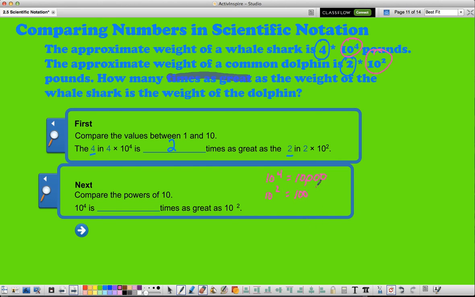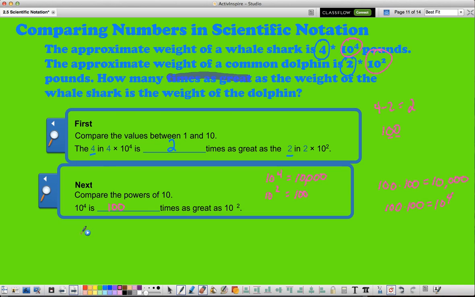This is actually 100 times bigger, because it would take 100 times 100 to get you to 10,000. So you can't just look at the exponents, you have to look at what they actually mean. Another way to look at it is that 4 minus 2 is 2, so then your number has to have 2 zeros.